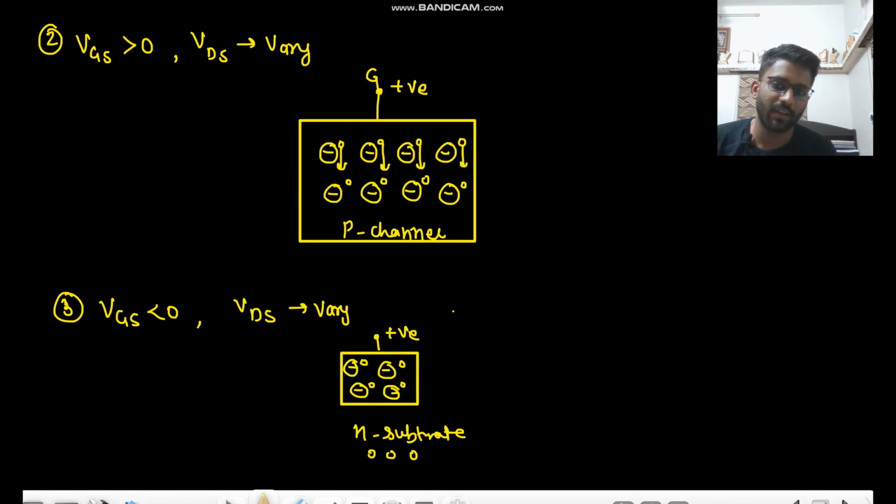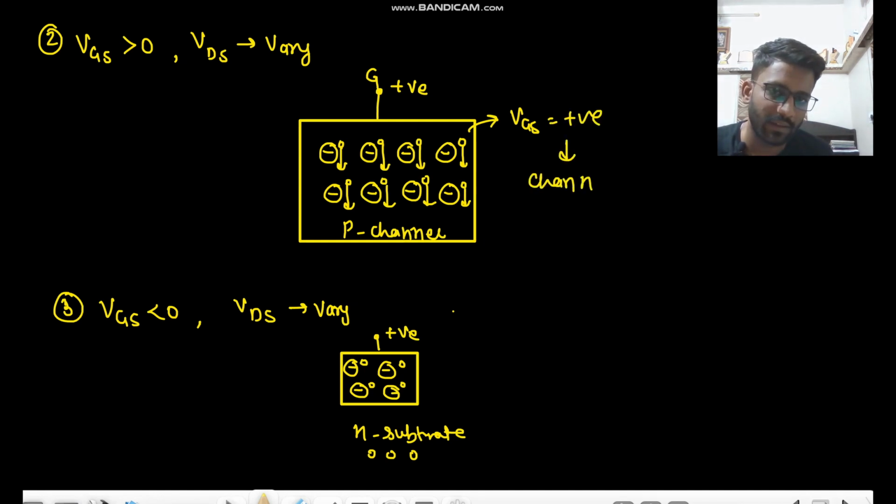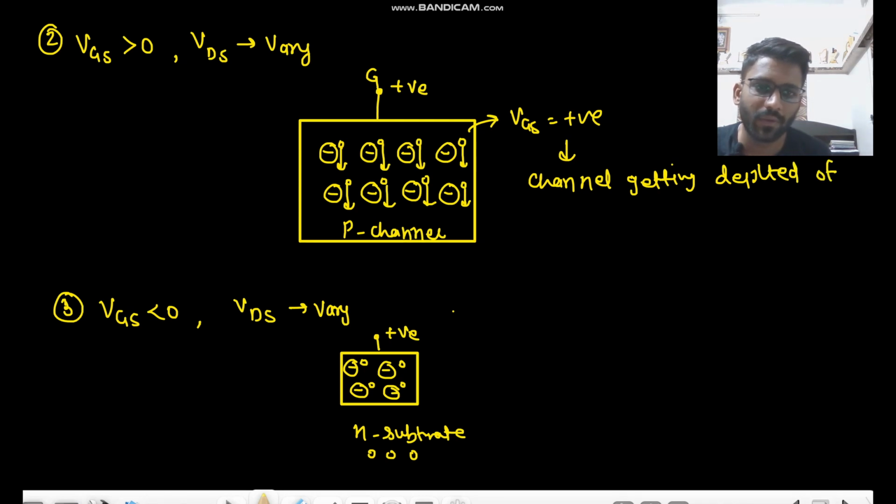This hole will feel a repulsive force and will go downwards. So your channel is getting depleted of charge carriers. VGS is positive, channel getting depleted of charge carriers.